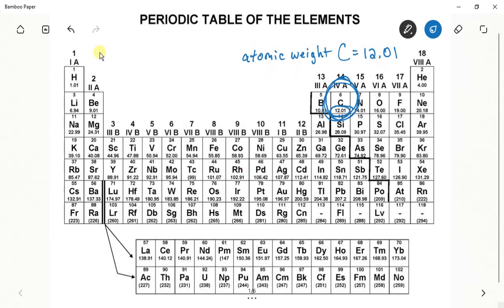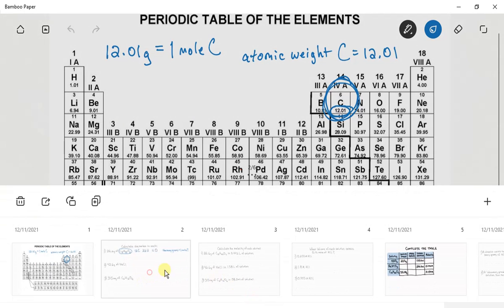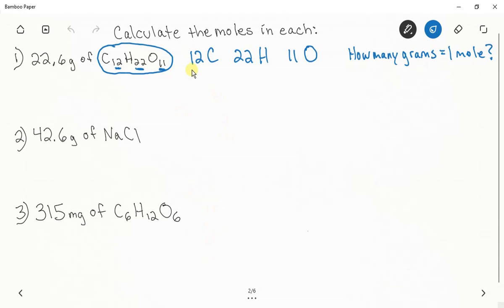Well, what does that mean? That means if you have 12.01 grams of carbon, you have 1 mole of carbon. So we found out the weight of 1 mole of carbon is 12.01 grams. But we don't have 1 mole of carbon, do we? We have 12 moles of carbon.